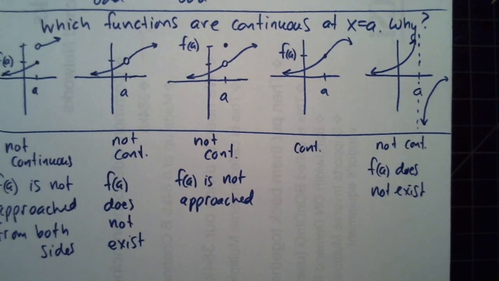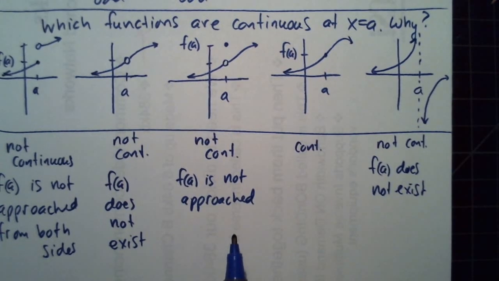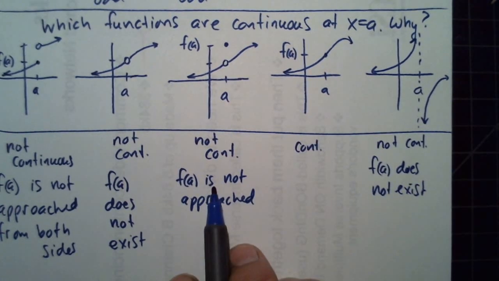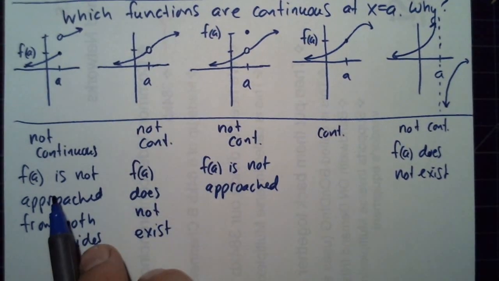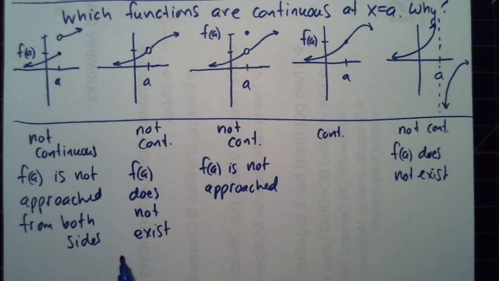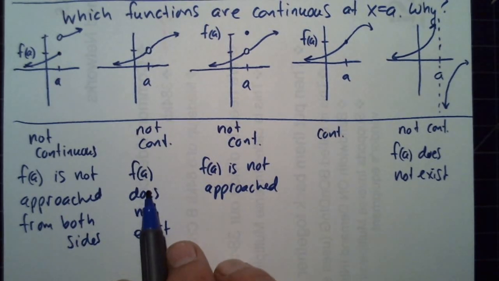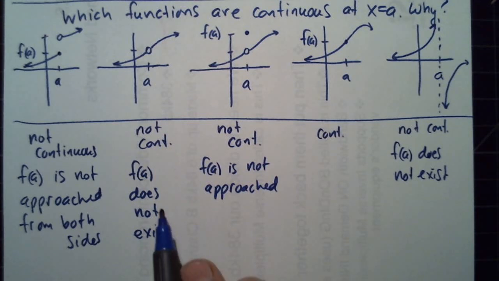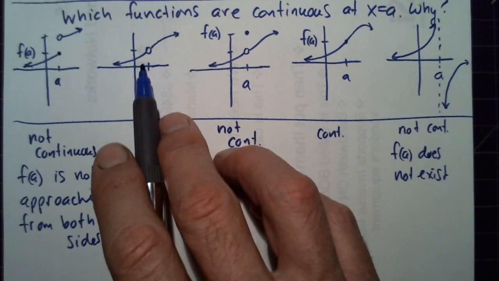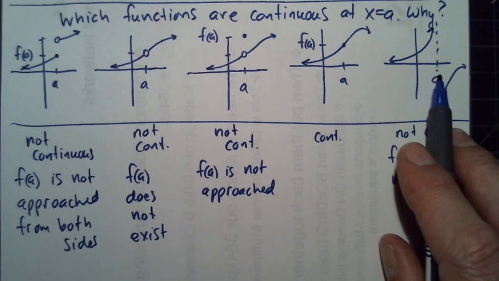All right. So we have discontinuity when f of a is not approached. And we have that over there. F of a is not approached from both sides. We also have discontinuity when f of a does not exist. So f of a does not exist here. F of a does not exist there.